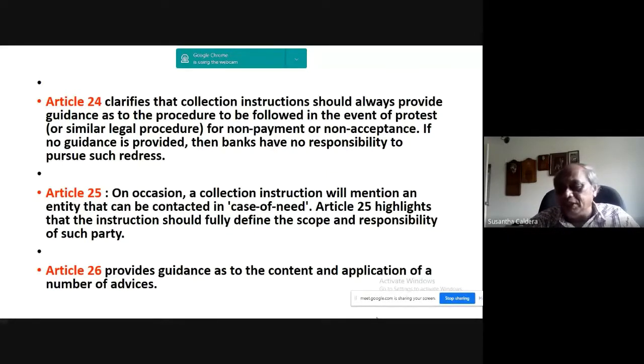If they have mentioned under case of need, yes, then we can do without referring to the remitting bank. But initially, the remitting bank should have given the scope and the responsibility of such party. Now you got it? Right?